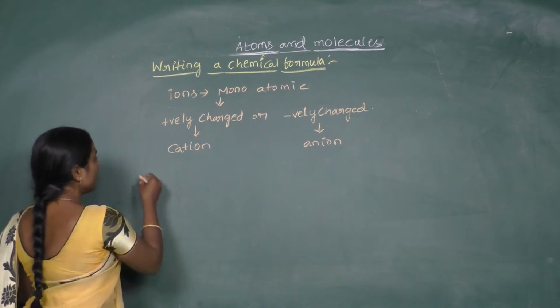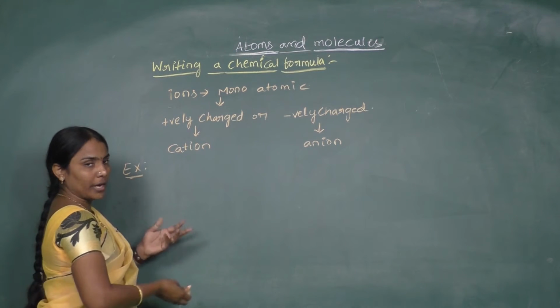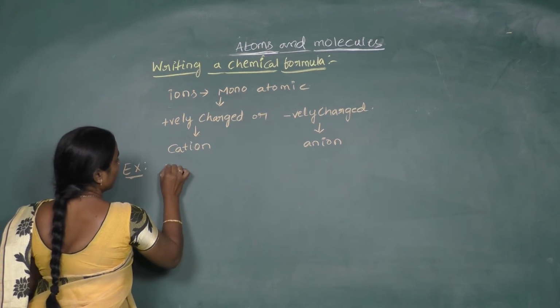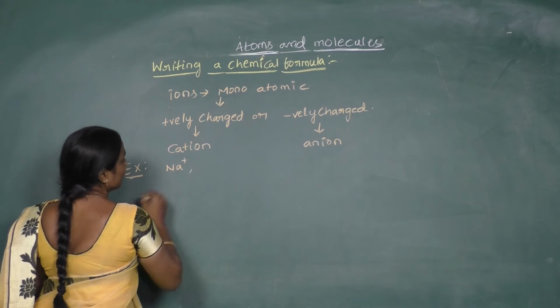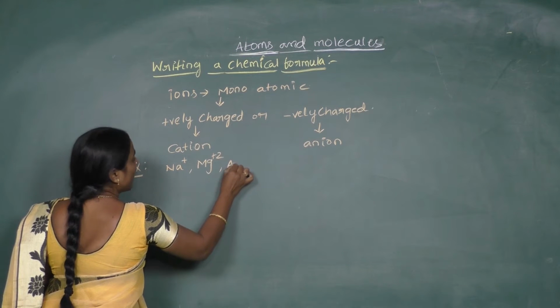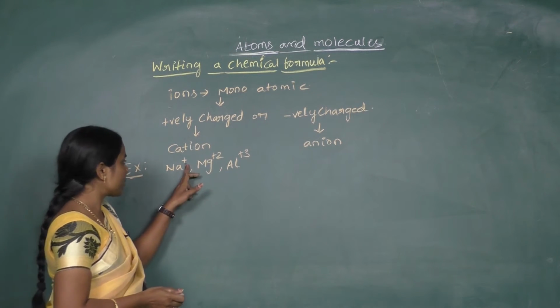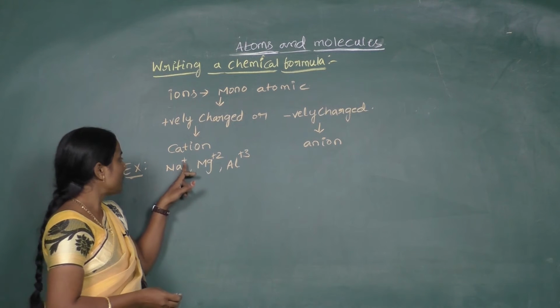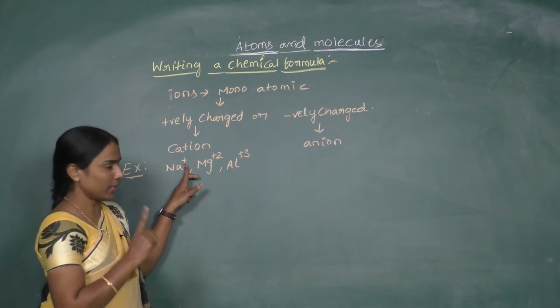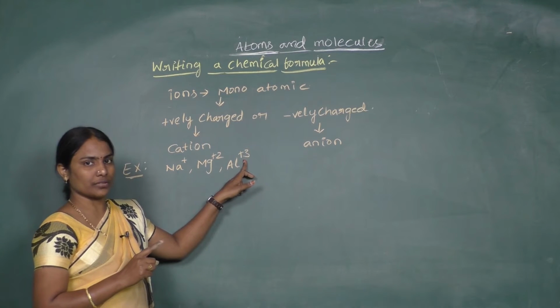For example, I'll give you examples of both, first monoatomic. See, you have Na+, Mg2+, Al3+. All these are cations, where the charge is positive. The magnitude of charge here is only 1 unit, here 2 units and 3 units of positive charge.